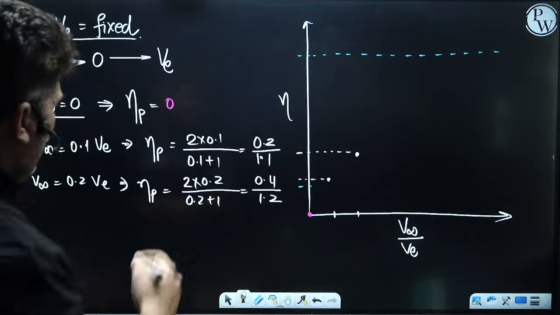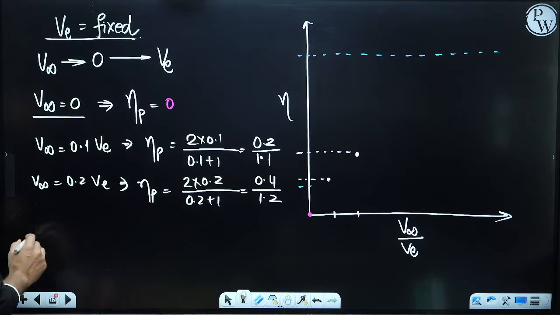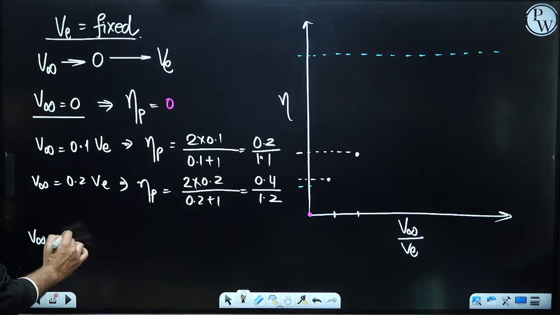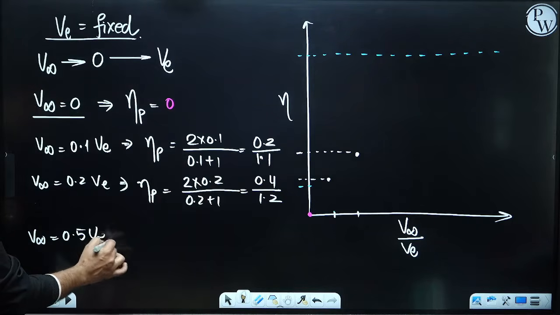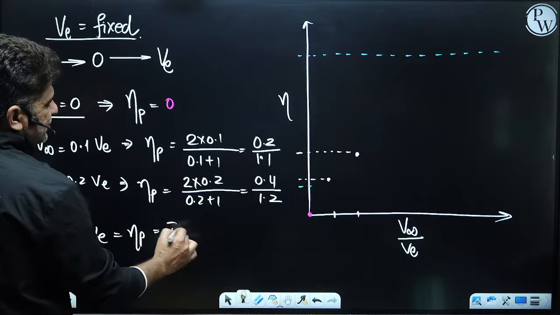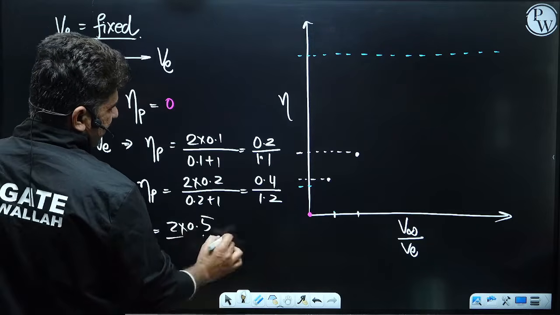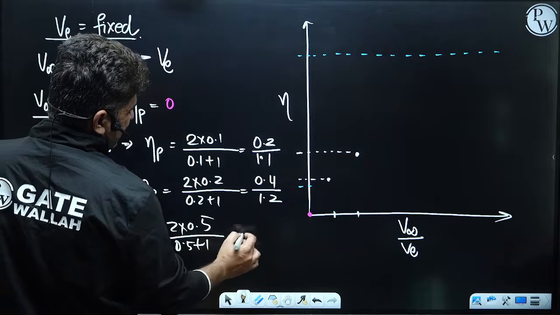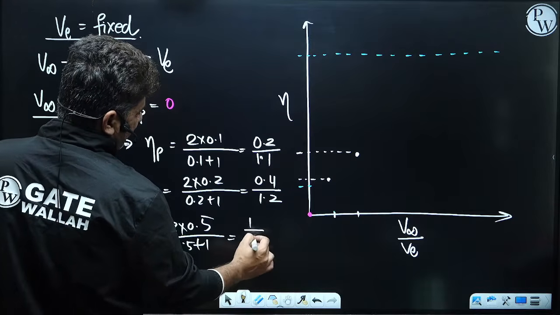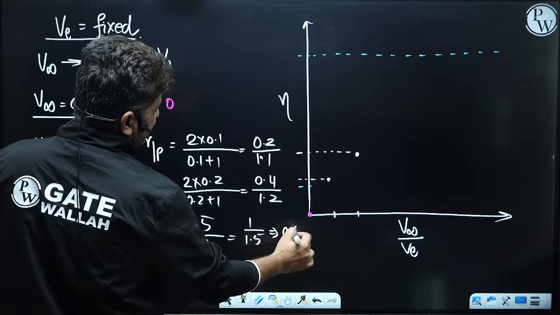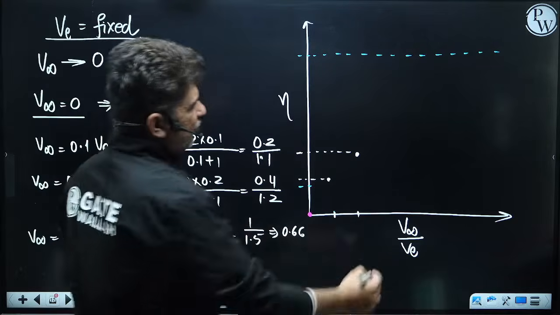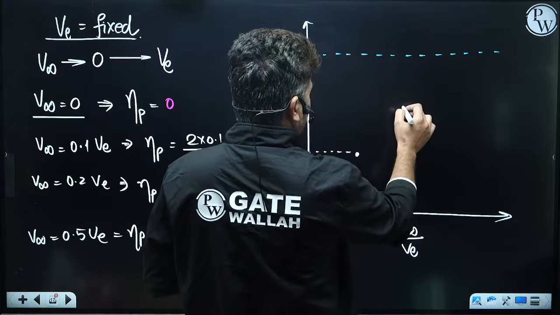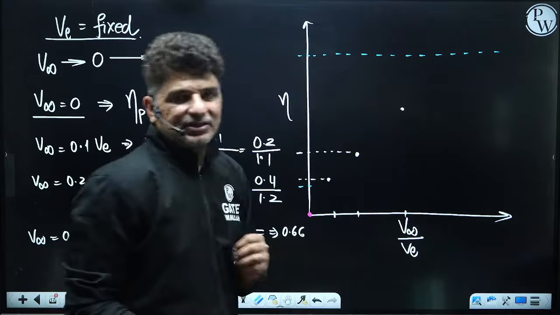Now as you increase, at V infinity equal to 0.5 V exit, propulsive efficiency is 2 into 0.5 divided by 0.5 plus 1, that is 1 divided by 1.5. This is 0.66, so at 0.5 you have achieved roughly 66% efficiency.